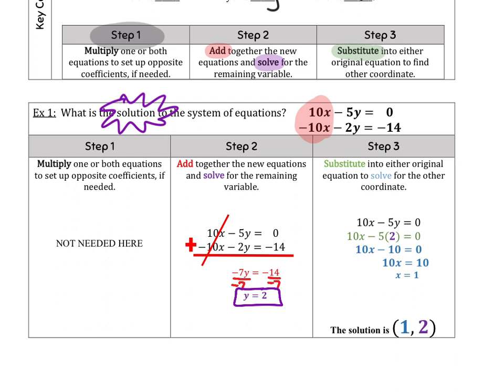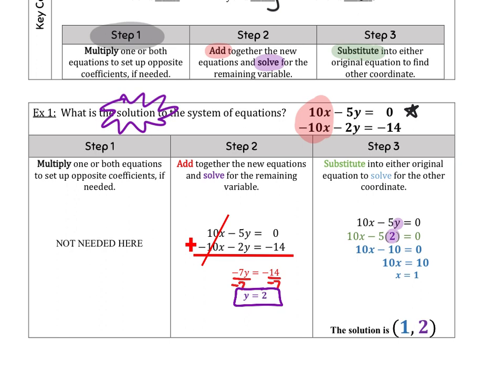I added the 2 equations together and one of the variables canceled, and then I just quickly solved for y. So I'm taking one of the original equations. I took the top equation, out of habit, I always pick the top one, and I rewrote it down, but this time, instead of putting a y right here, I can substitute in that value 2 that we just got for y.